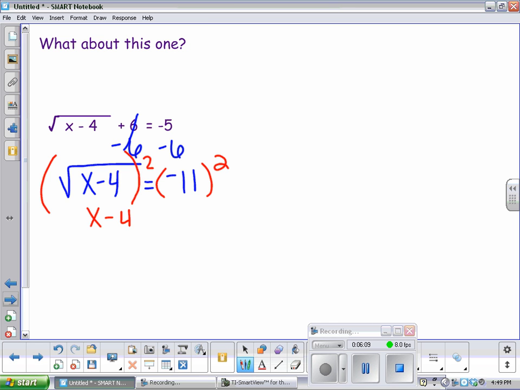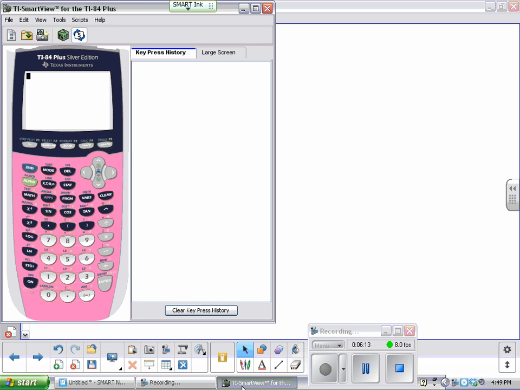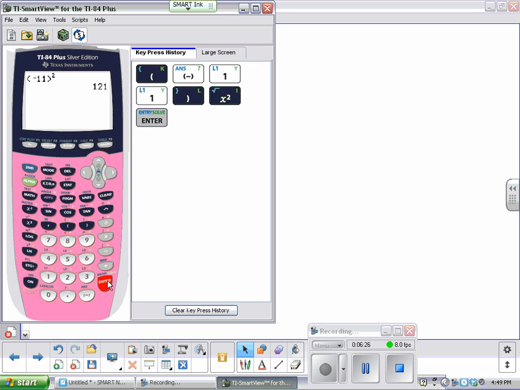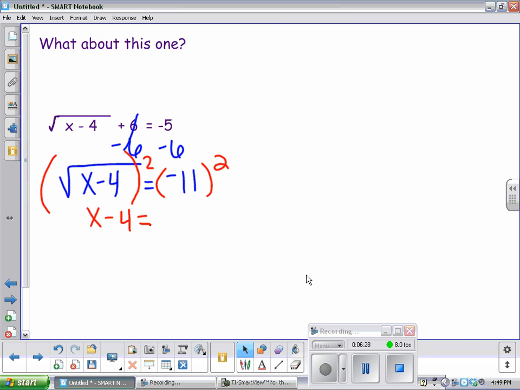X minus 4. Remember, negative 11 squared, when you type that in your calculator, you have to put negative 11 in parentheses. Or just remember it's negative 11 times negative 11, and a negative times a negative is a positive. So this should be equal to 121.